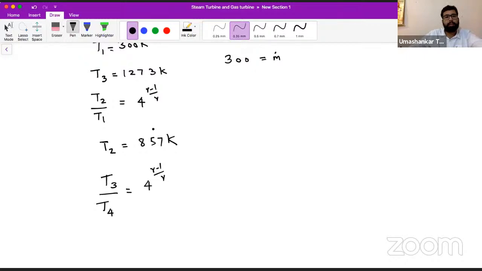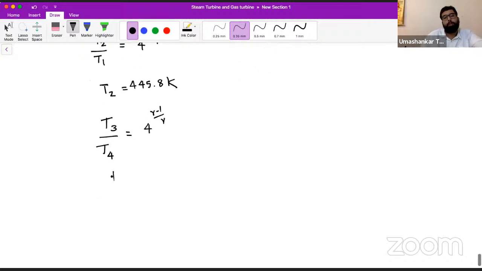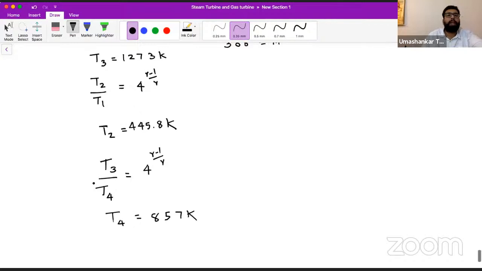There is a mistake, this T2 is not this, sorry, my mistake, I have taken the wrong value. T2 is 445.8 Kelvin. So T4 we are going to get as 857 Kelvin, that is 857.66 or 857 Kelvin.